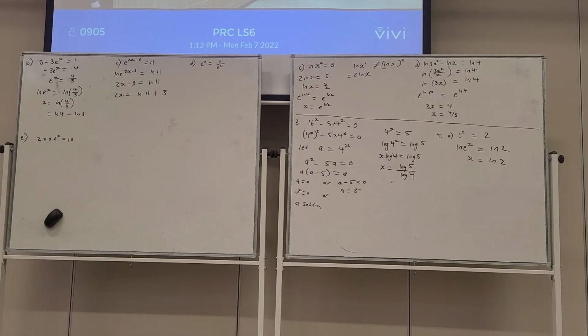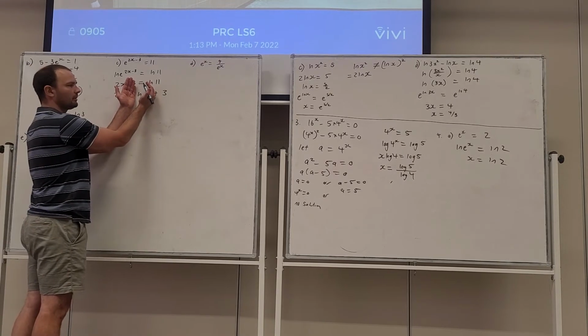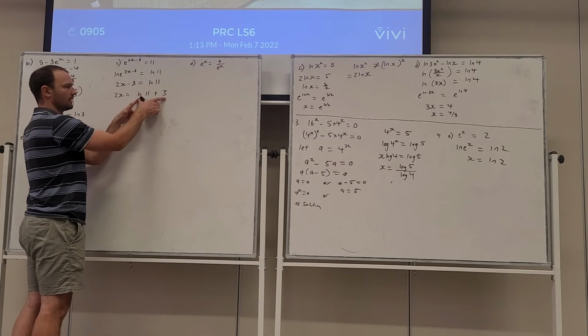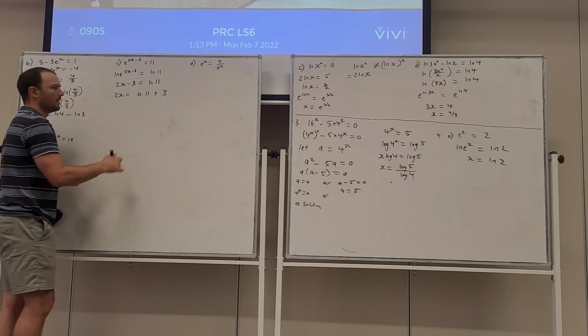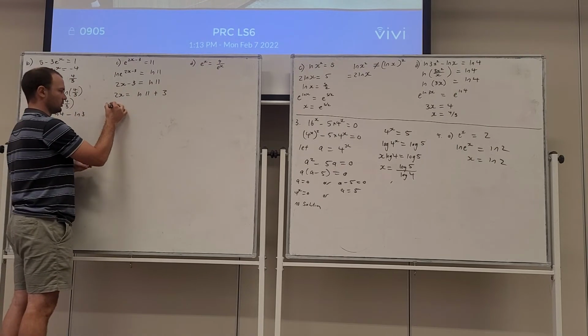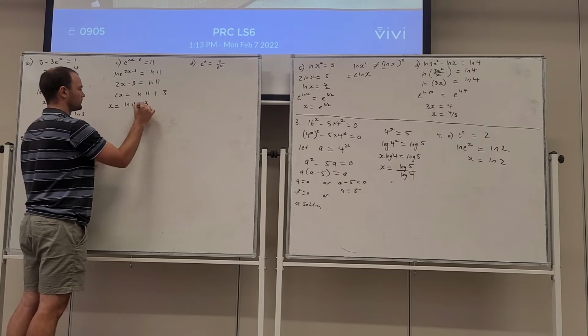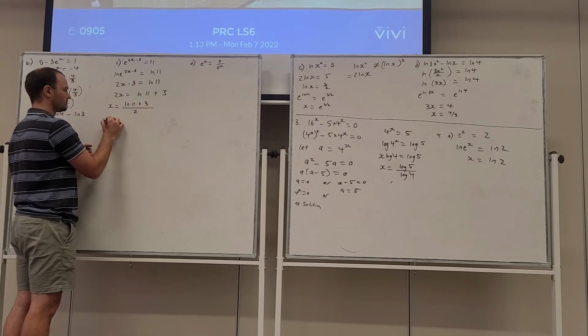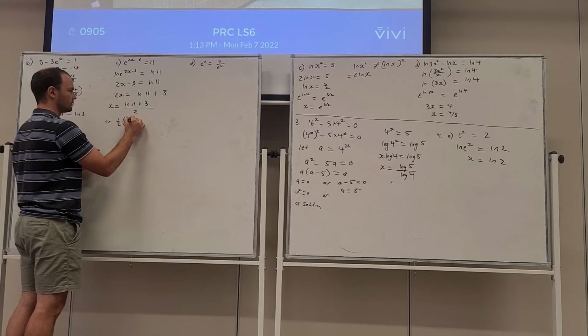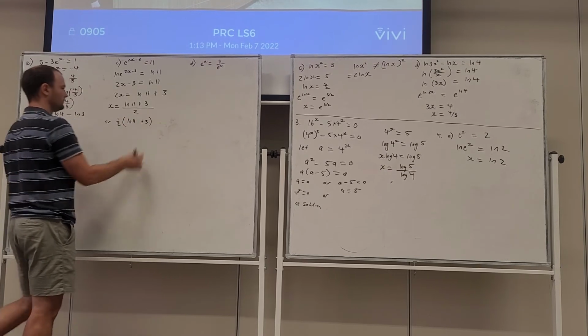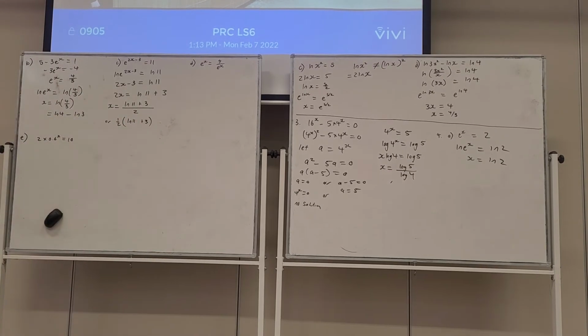Okay, ln of 11 plus 3 is not ln of 14. ln only belongs with the 11, so we can't collect those together. Then we'll divide both sides by 2. So a couple of ways to represent it, and both of those mean the same thing.